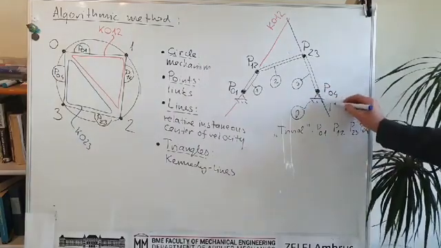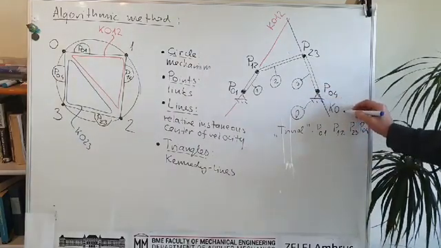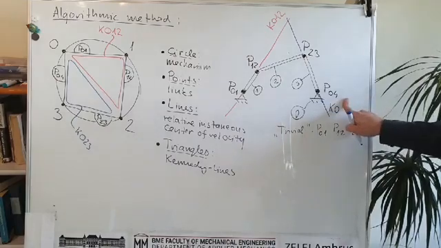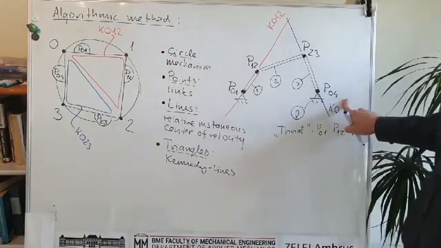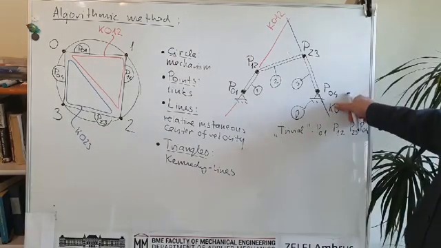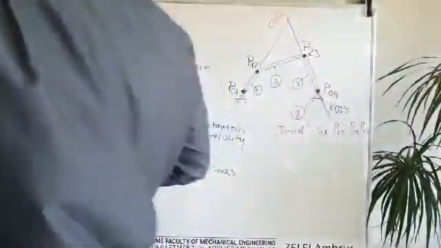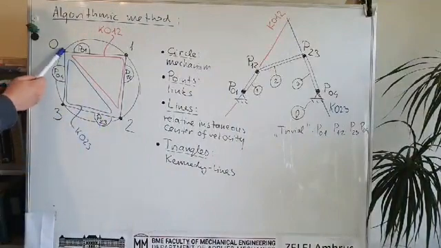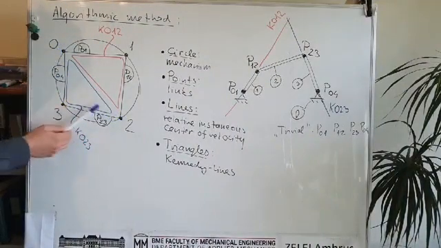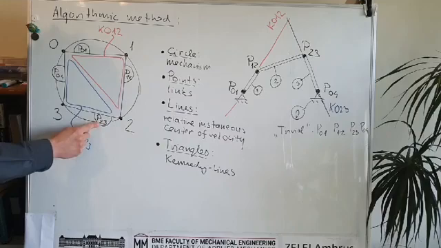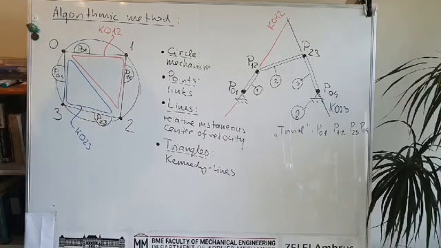So this is Kennedy line 0, 2, 3. We can see here the indexes. Okay, 0, 2 and 3, and it goes through P23 and P04.